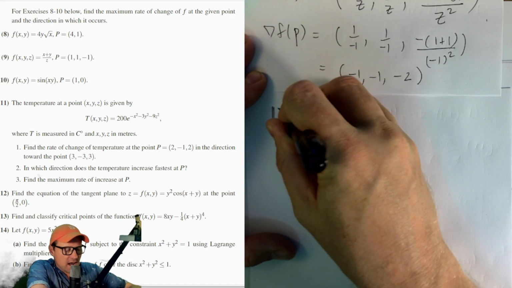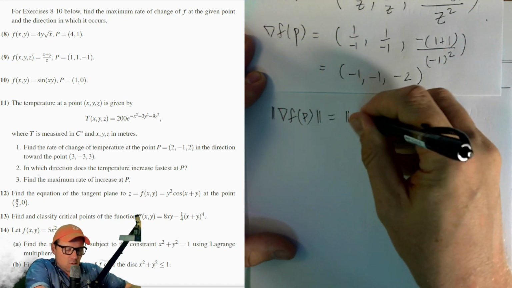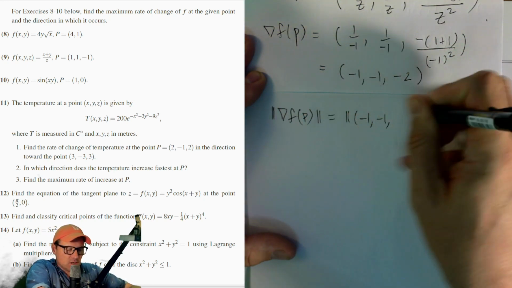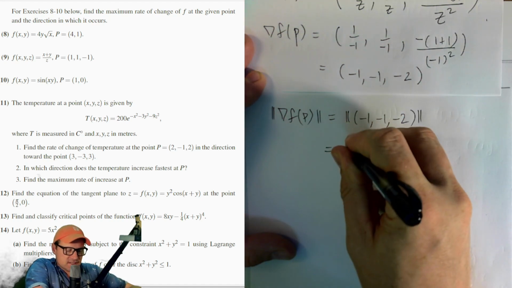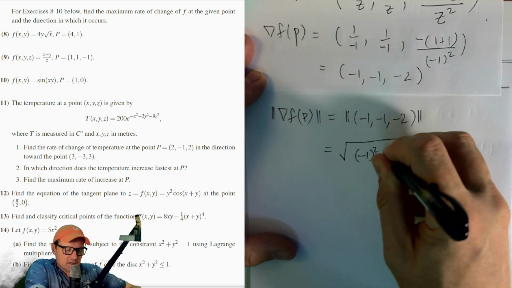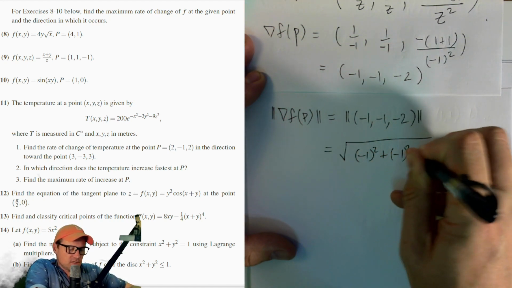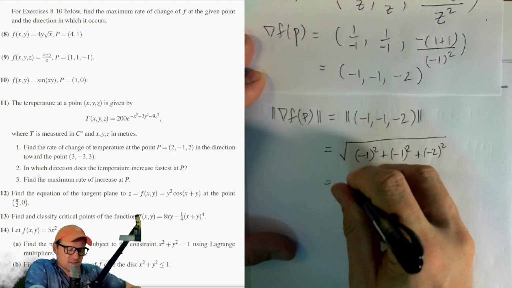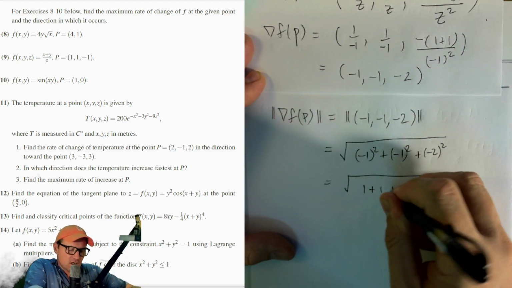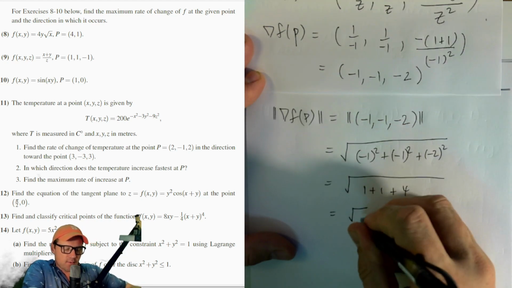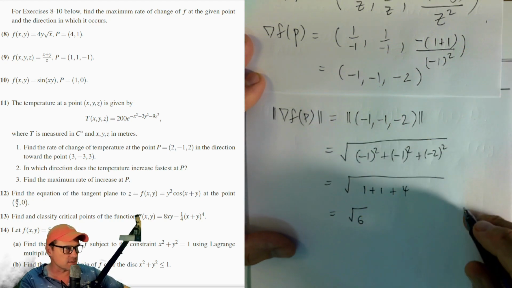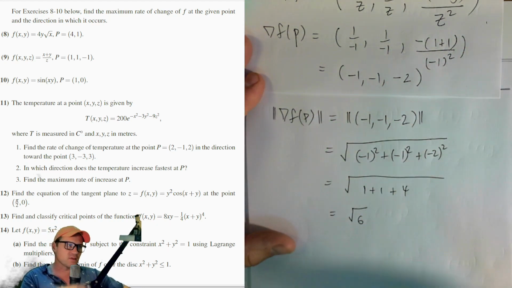So the norm of grad f at P is the norm of the vector minus 1, minus 1, minus 2, which is the square root of minus 1 squared plus minus 1 squared plus minus 2 squared. So the square root of 1 plus 1 plus 4 is the square root of 6. So this is the maximum rate of change of f at the point P.